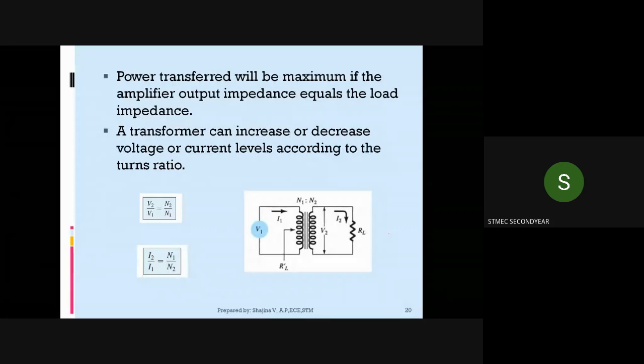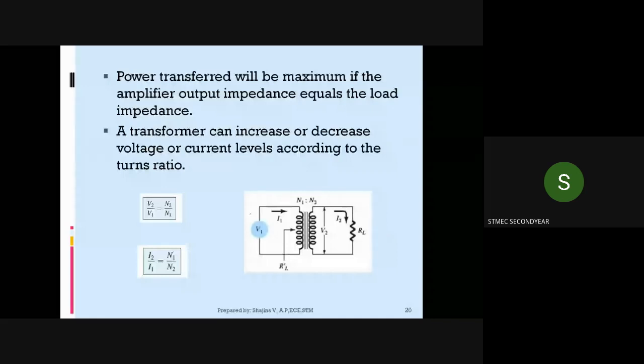So how will they become equal? A transformer can increase or decrease the voltage or current level according to the turns ratio. The impedance depends on voltage and current, as you know, R is equal to V by I. So by changing the turns ratio, we can change the impedance also. So you see the relation.